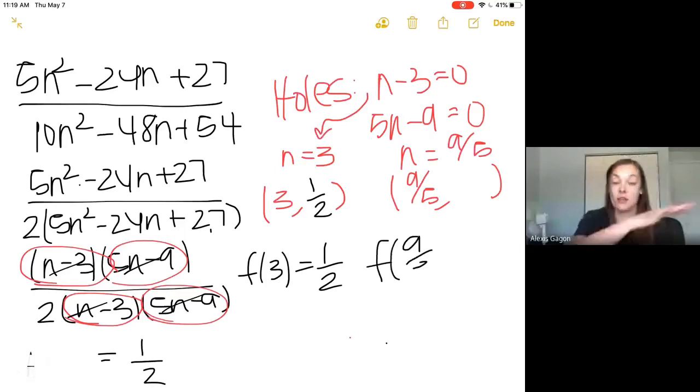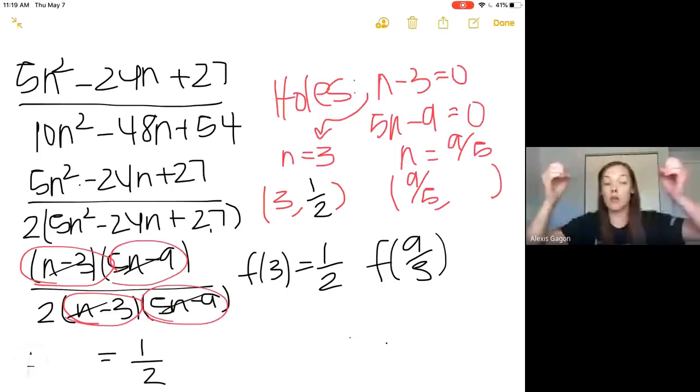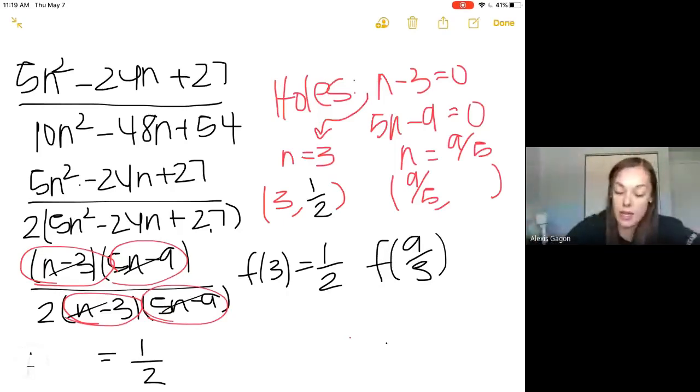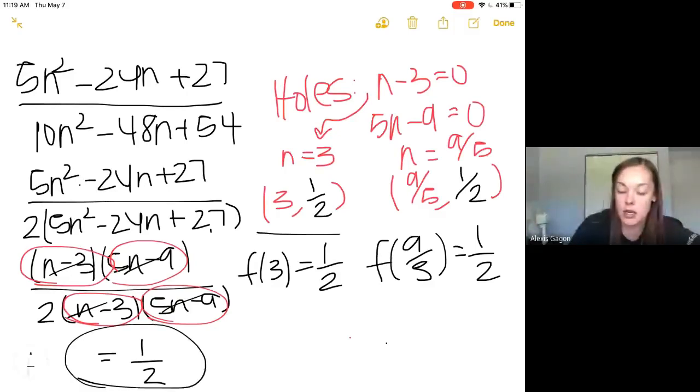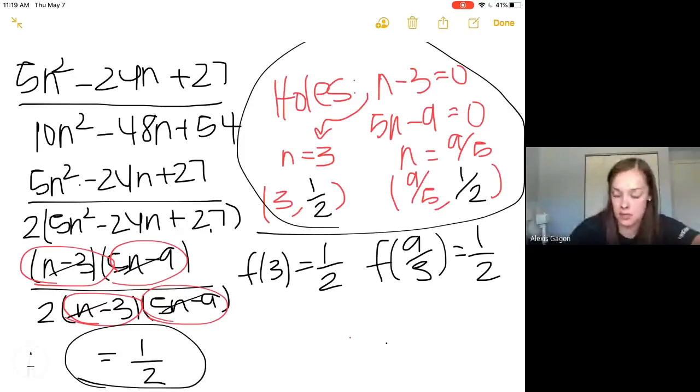This is just a horizontal line at 1/2. That's all that this is, with two holes in it. So f of 9/5, there's again nothing to plug in, so that would also be 1/2. Okay, so this would be your simplified version of that equation. These are your holes right there. Okay, and this was number 2 on the homework.